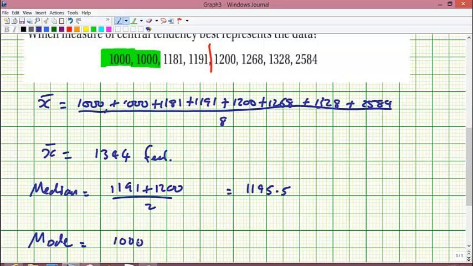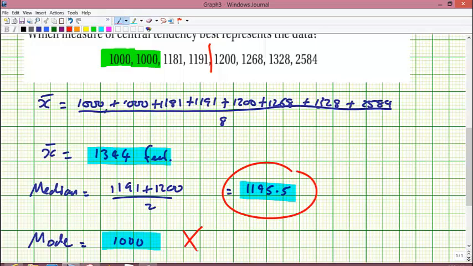And we look at these three measures, and we say, well, which one best represents the data? And what we mean by that is which one gives us the best idea of the heights of the waterfall. So we've got a very low value, we've got quite a high value, and then 1195.5 in the middle. And I'd say probably the median in this case represents the best. The mode, it's the lowest of all the values.